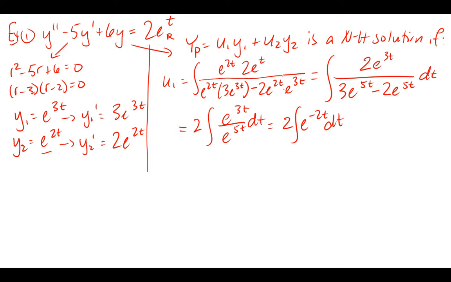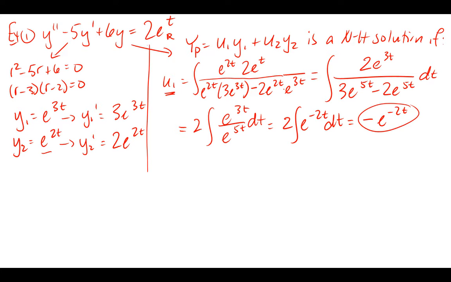Well, that's an integral I can do in 5 seconds. I end up with negative, because I divide by negative 2, so that cancels with the 2, e to the negative 2t. That's it. Okay, so that wasn't too bad. So that's u1.